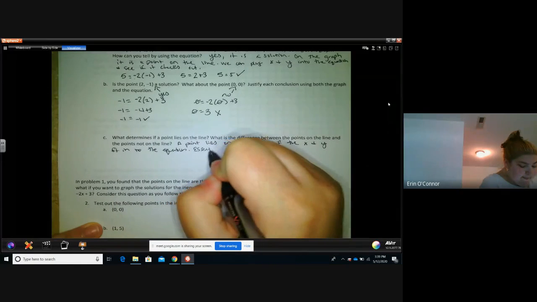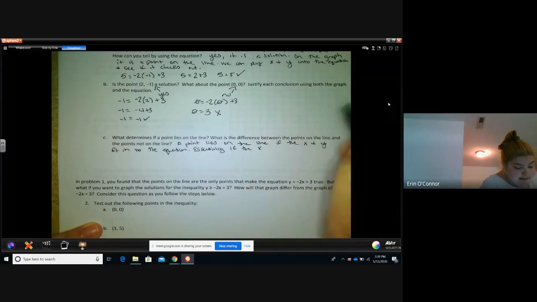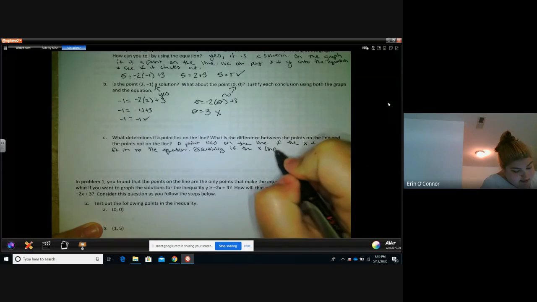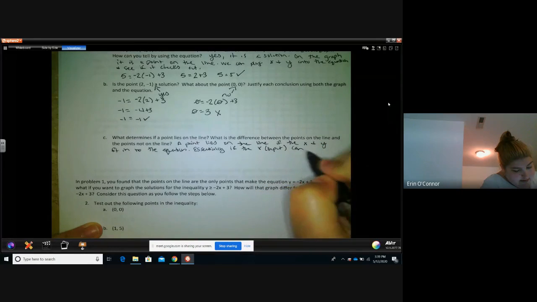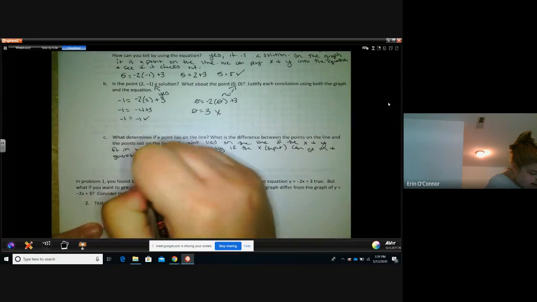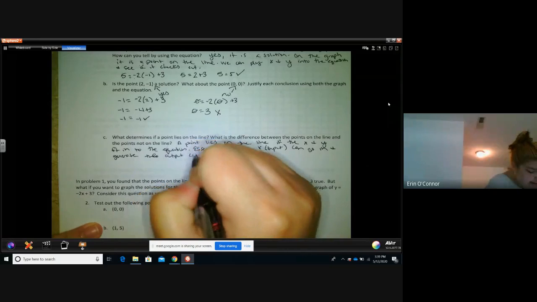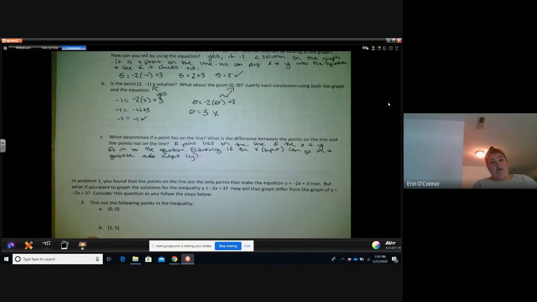Essentially, if the x or input can go in and generate the output or y. That's how you check if a point is on the line, and it's how you make sure that a point is on the line. The x and y both check out.